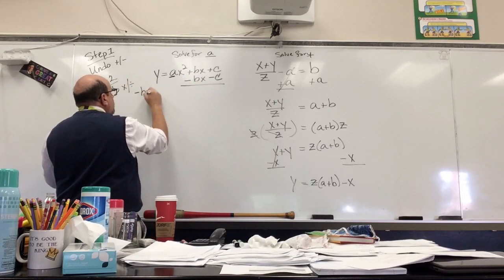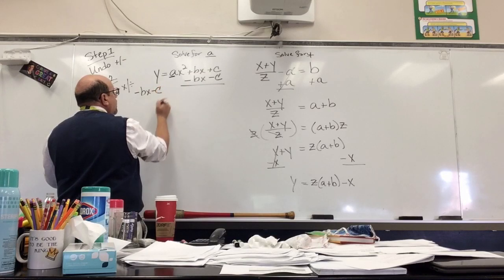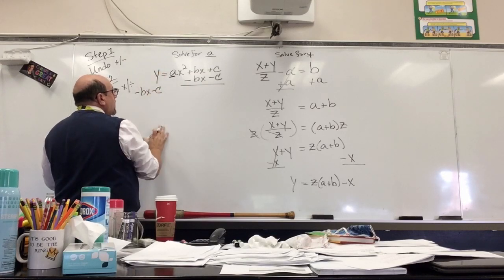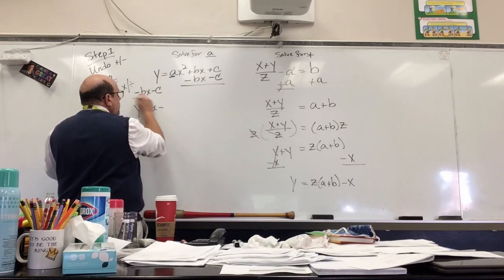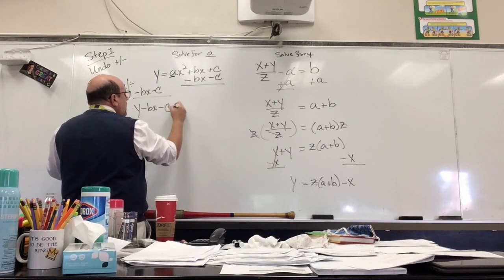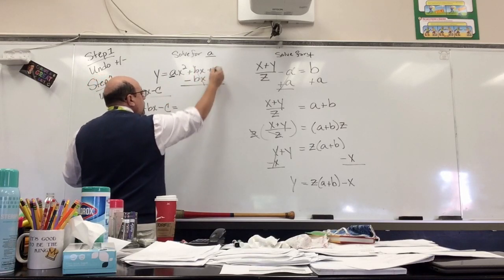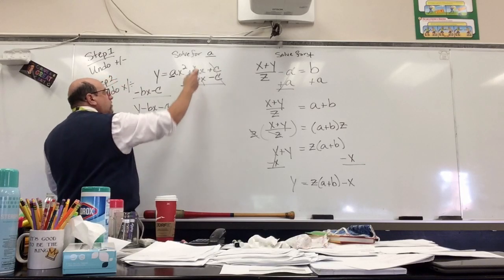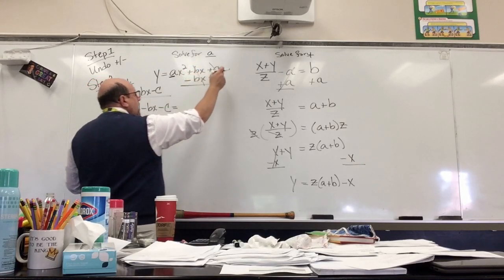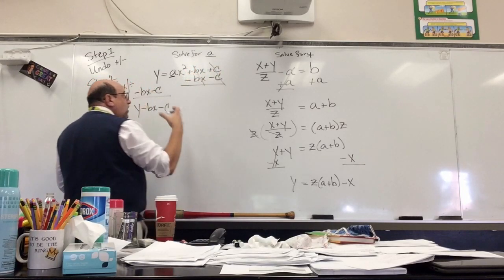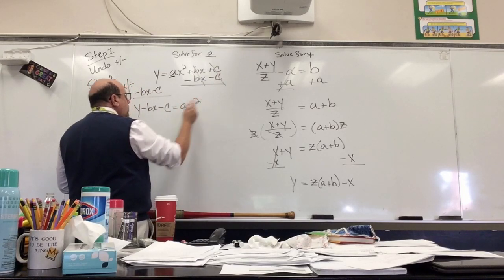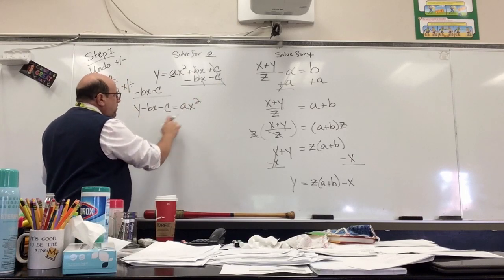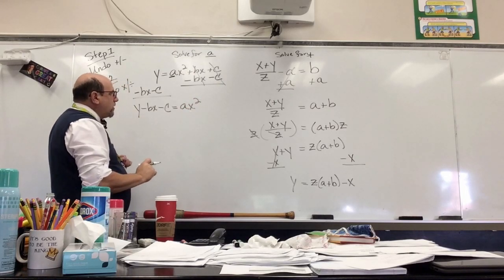Minus bx minus c. All right? I can't do anything with it, but just tack it on and make it long. So y minus bx minus c is equal to, well, this goes away and this goes away, right? Because positive bx and negative bx and positive c and negative c cancel each other out, so all I have is ax squared. So I have y minus bx minus c equals ax squared.